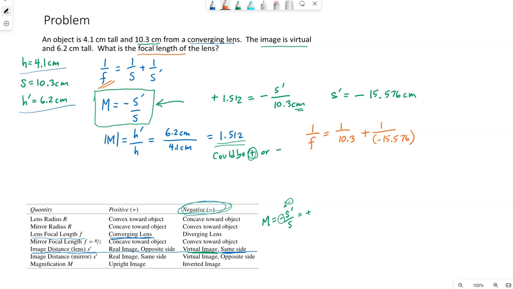These are both in centimeters. So as far as what I will put in my calculator is this. And again, we better come up with a positive answer because we are working with a converging lens.